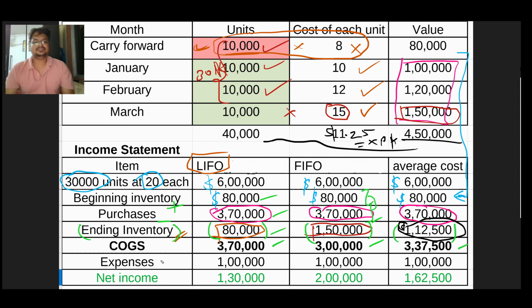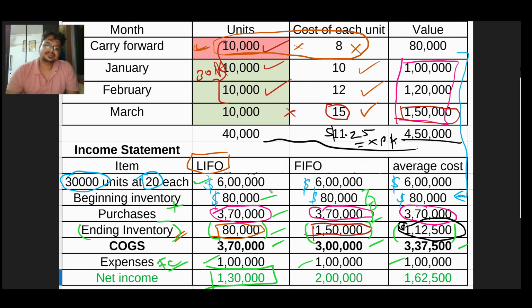Now let's suppose this is a fixed cost, and let's suppose there is an expense of $100,000. So we'll also have to subtract that from the revenue. Now we'll get net income. How will we get net income?